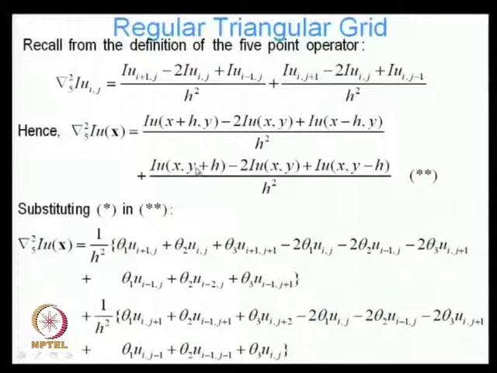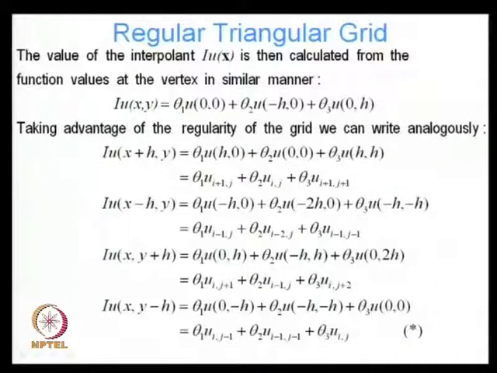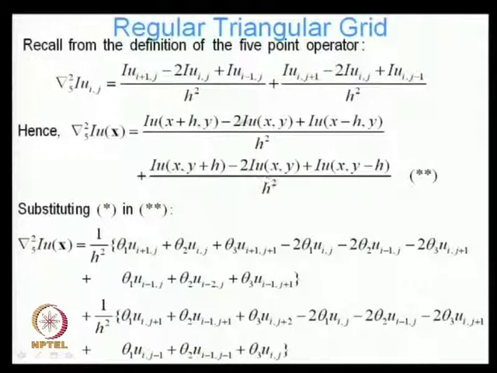So, I u x y plus h minus 2 I u x y plus I u x y minus h by x square h square, right. And then I substitute my previously evaluated expressions for I u x plus h y, I u x minus h y, I u x y plus h, I u x y minus h in this expression, right.